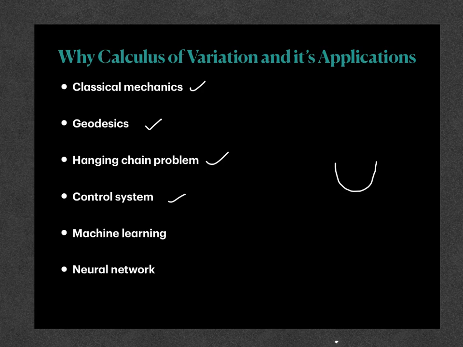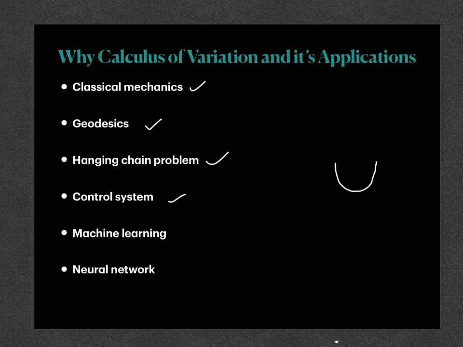So, with the help of calculus of variations, we can optimize the cost index, and also think of the amount of fuel required to project the satellite into a particular trajectory. So, these are some interesting applications of calculus of variations.